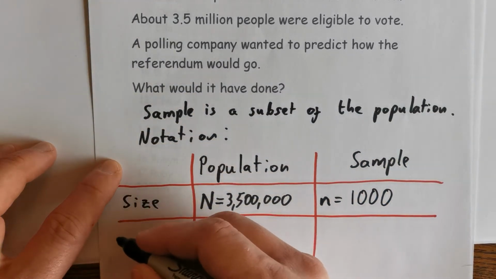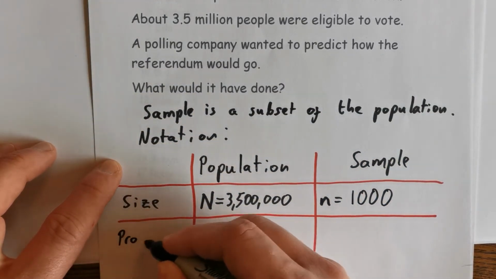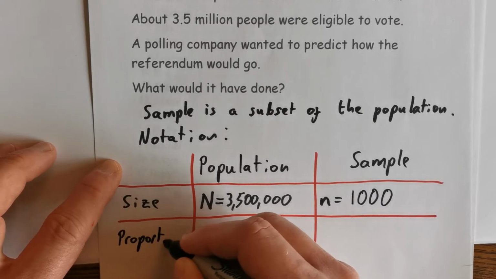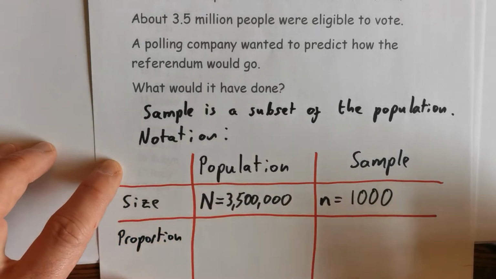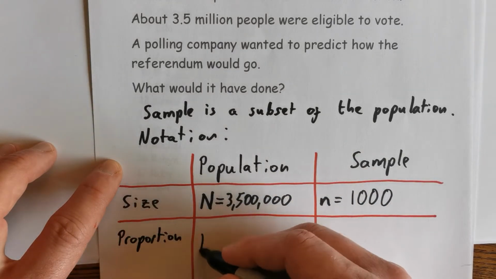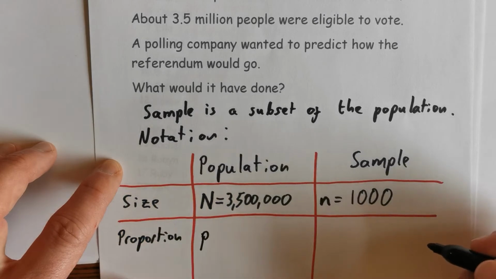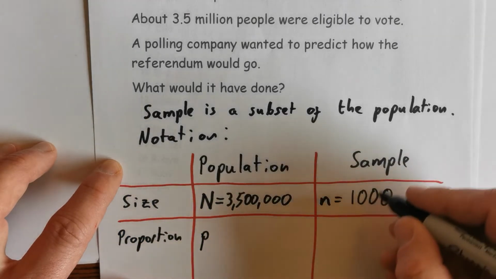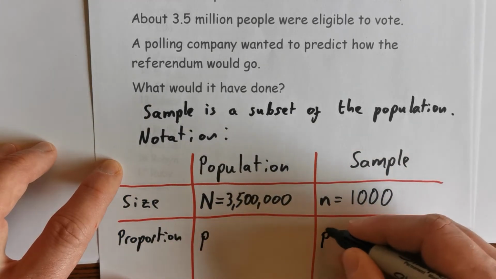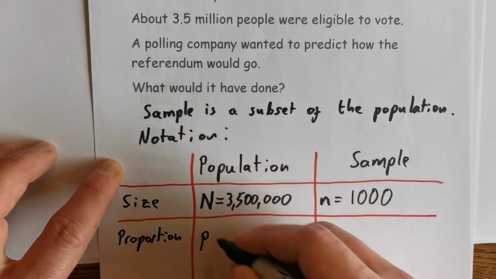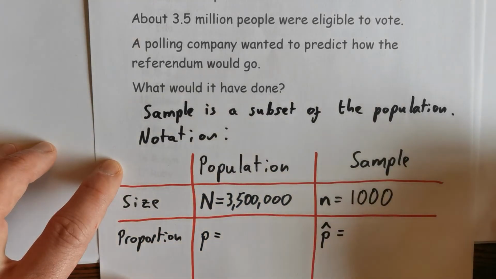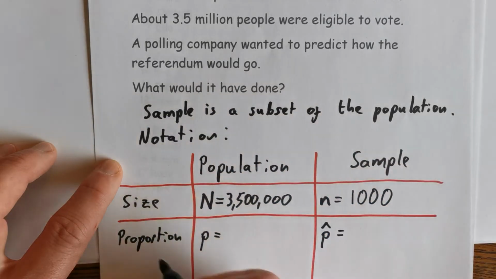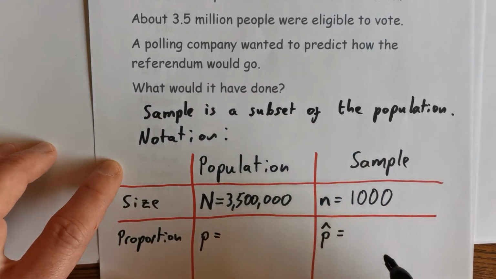So what we have here is something called the proportion. The proportion of the population is given the symbol little p. And the proportion of the sample is given the symbol p hat. And this is just going to be some kind of percentage.